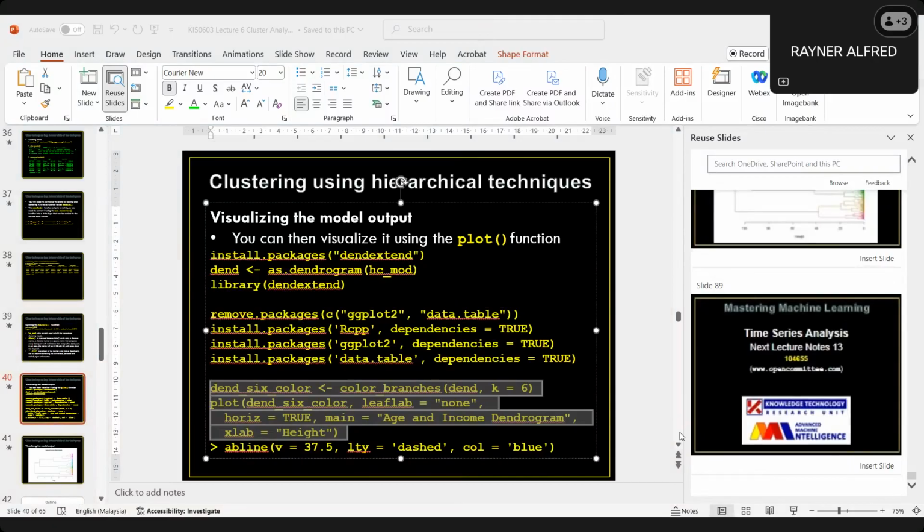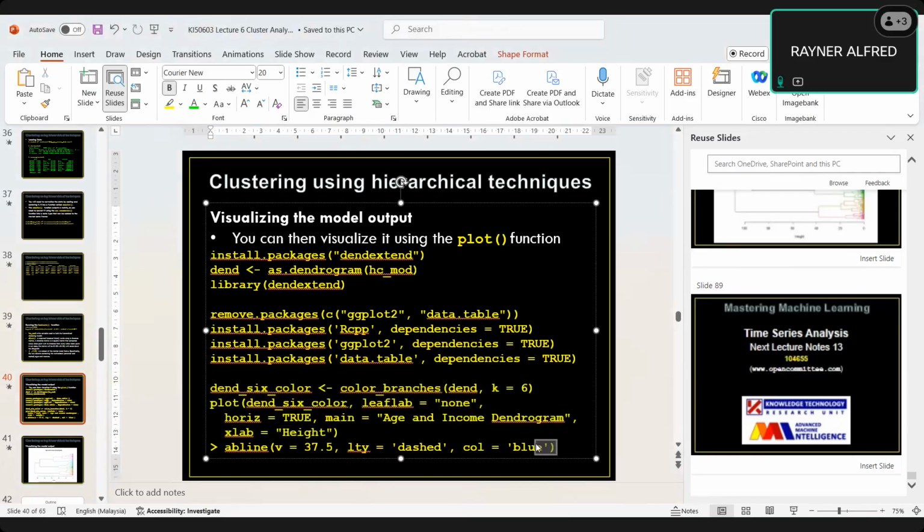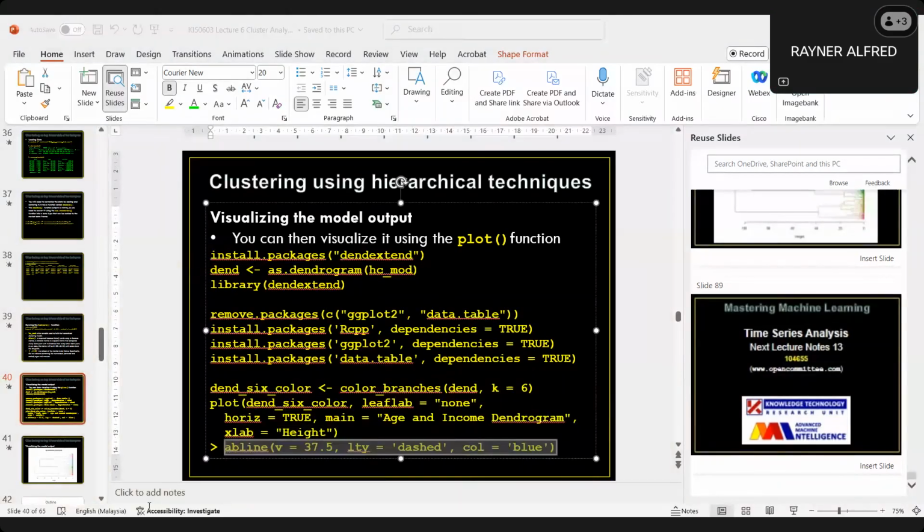Okay, so this is the output. We can draw a line on this, the line where the value is 0.5, where we have six clusters there.